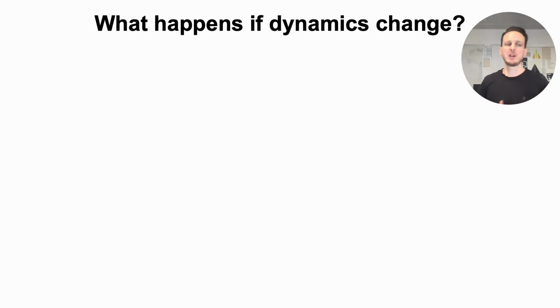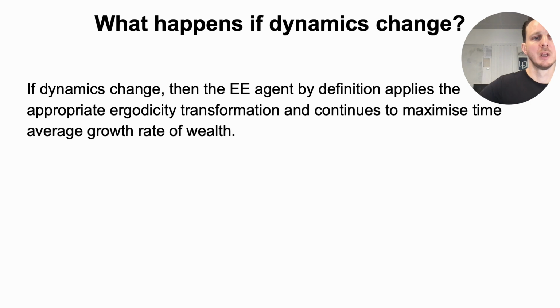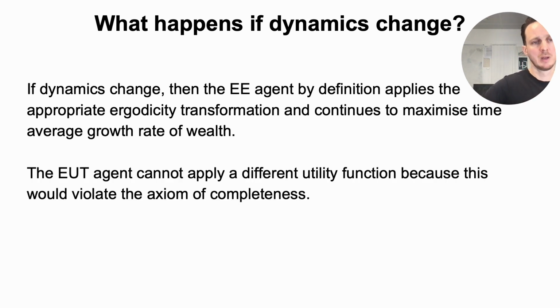Now, what happens if dynamics change? We've done experiments where we're interested in this, where we look at the differences between additive and multiplicative dynamics. If dynamics change, then the EE agent, by definition, applies the ergodicity transformation and just continues to maximize the time average growth rate.